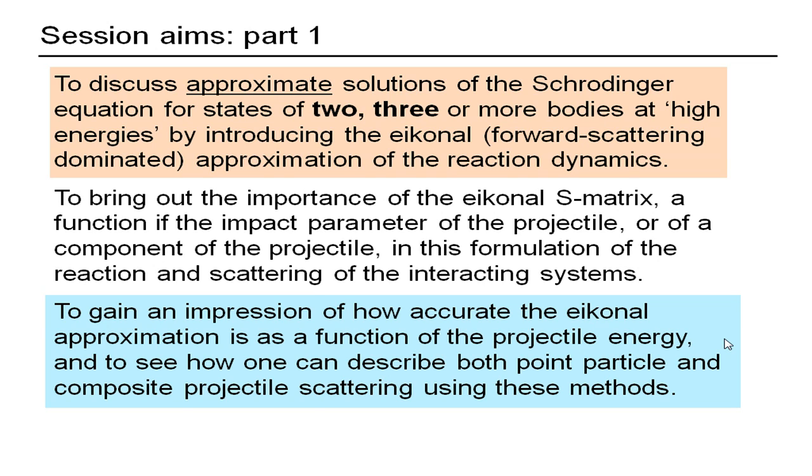Okay, so we can do this by introducing this Eikonal, or forward-scattering-dominated, approximation for the reaction dynamics. Okay, so I want to reiterate this thing that we've been talking about called the S matrix, what it means physically, because we'll have equations which, if you understand what the S matrix is doing, are much easier to read and to interpret.